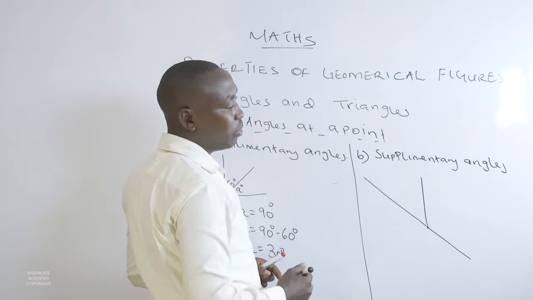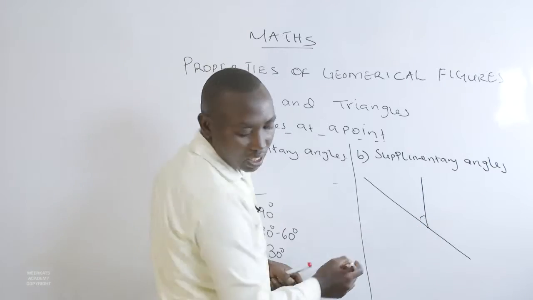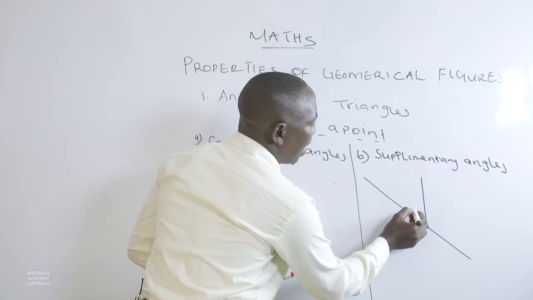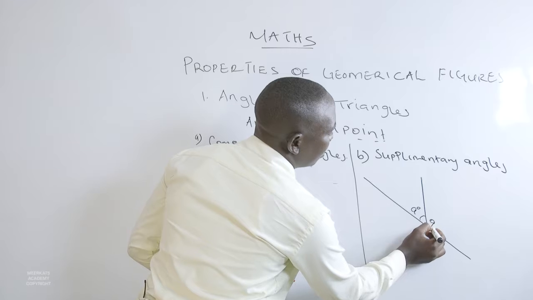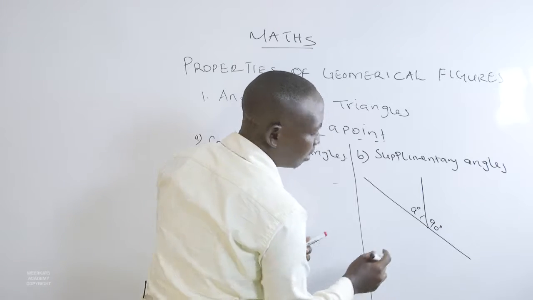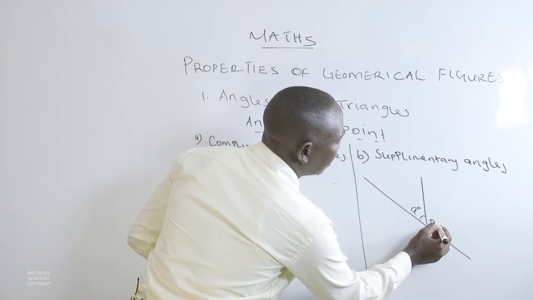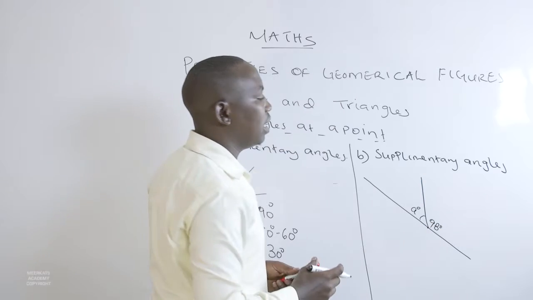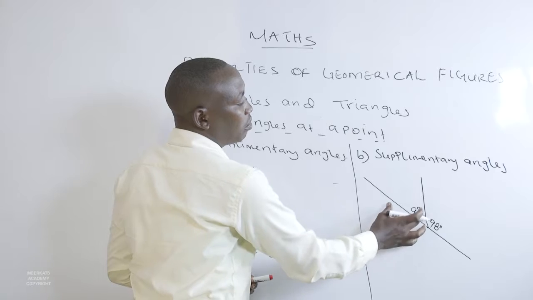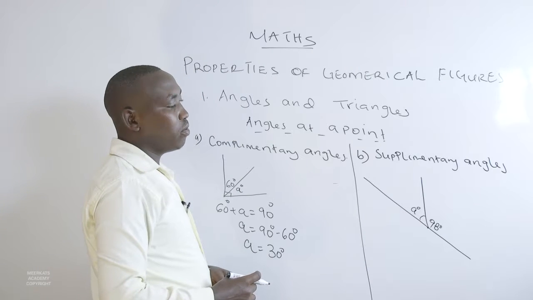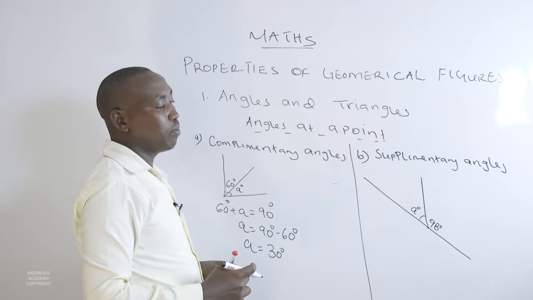So these are angles at a point. Let this be A degrees and this other one be 98 degrees.